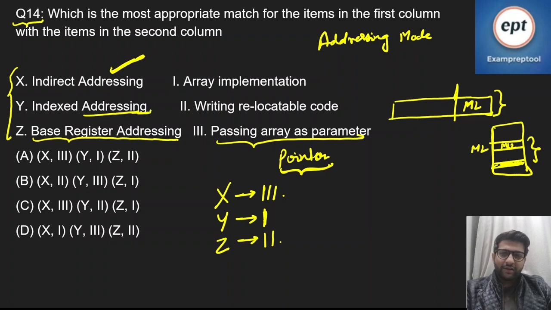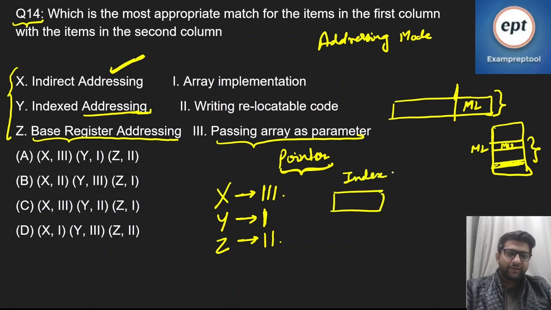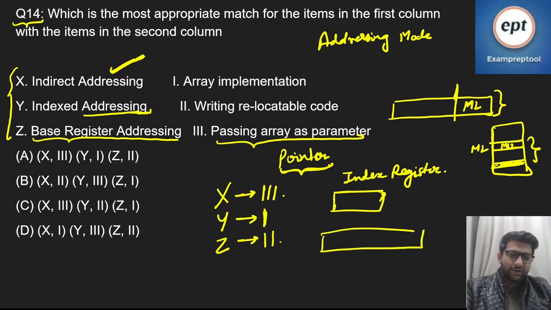So index addressing, what it does is that let's say we will have an index register, right? And if this is an instruction, we will have an opcode and the mode.